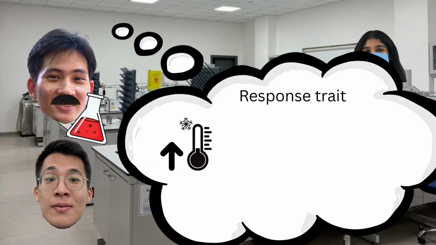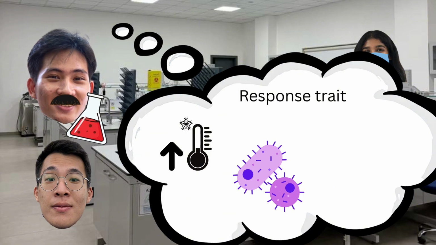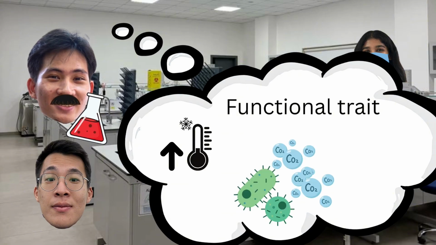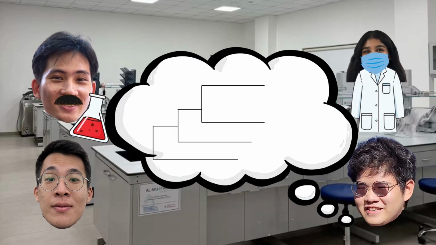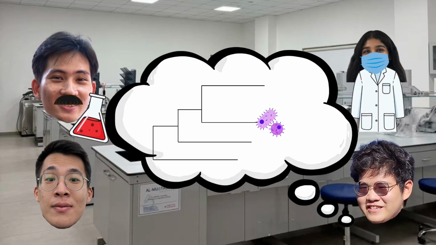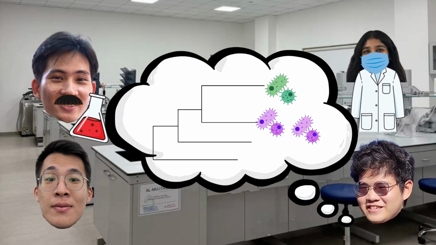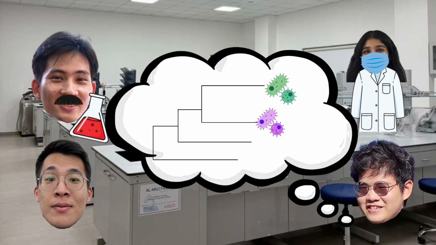Response traits are traits that determine the microbial abundance in response to global change, while functional traits are those that affect ecosystem processes such as nutrient cycling. So, are you saying that the response traits and the functional traits are phylogenetically linked in the related species, and by monitoring the change in that certain species, we might get an idea on how other related species might perform in the same changing climate conditions?